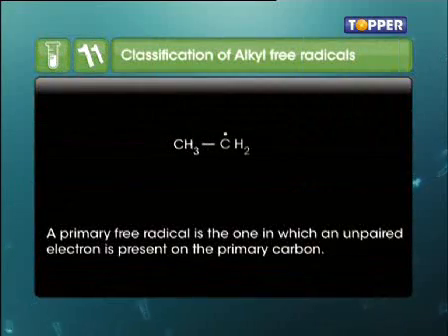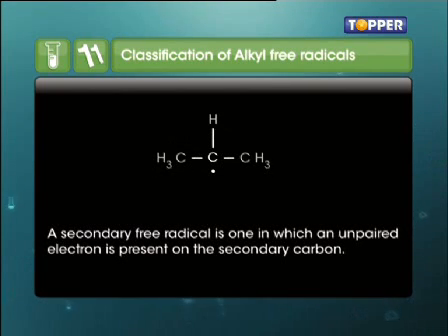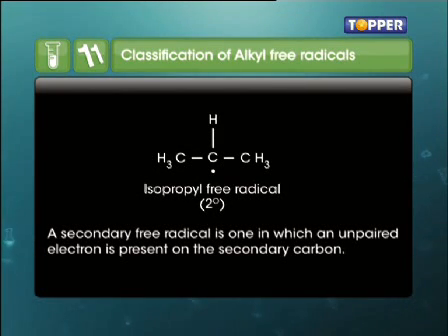A primary free radical is the one in which an unpaired electron is present on the primary carbon. Recall that primary carbon is that carbon which is bonded to only one carbon. A secondary free radical is one in which the unpaired electron is present on the secondary carbon.